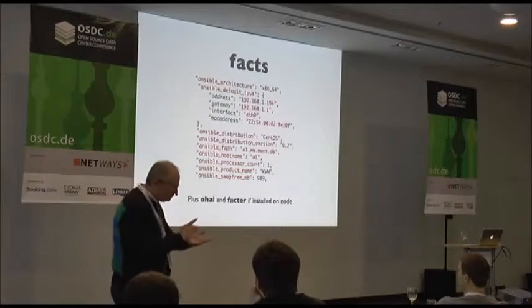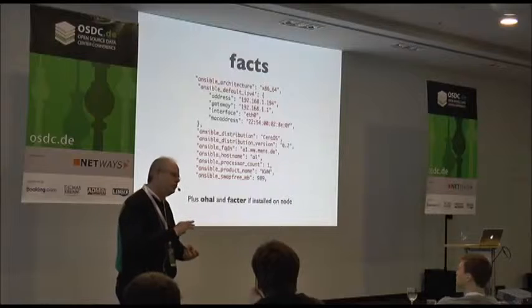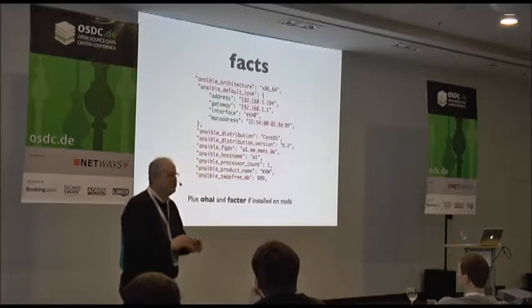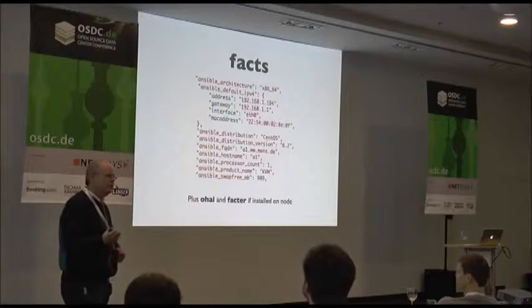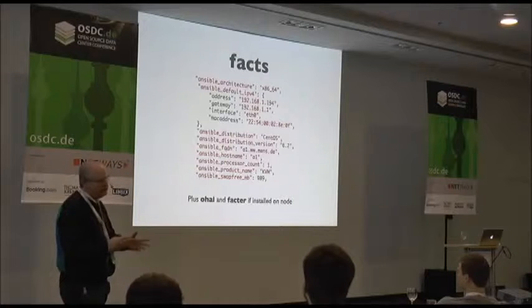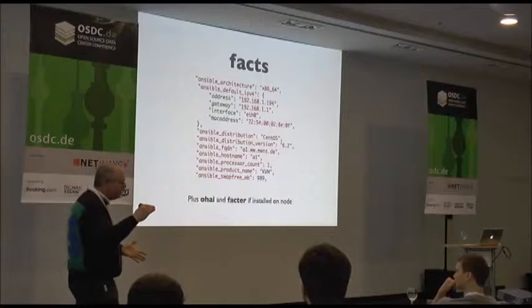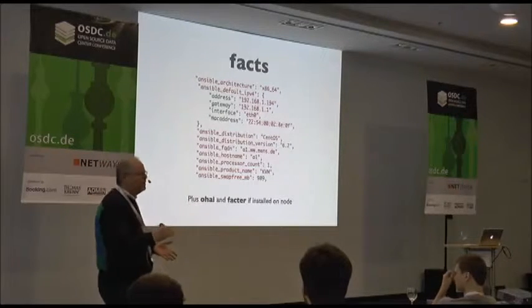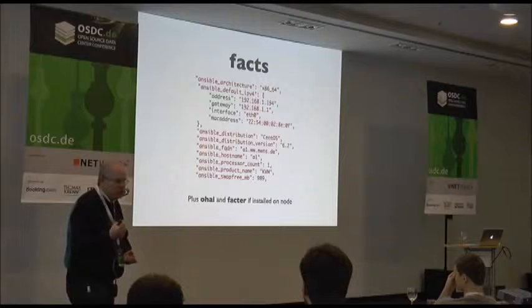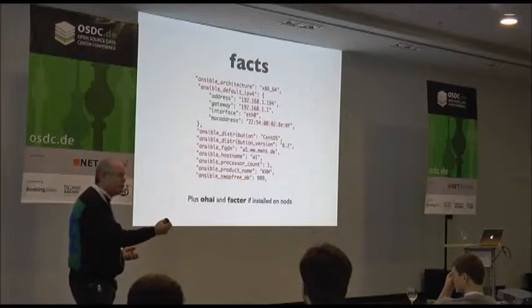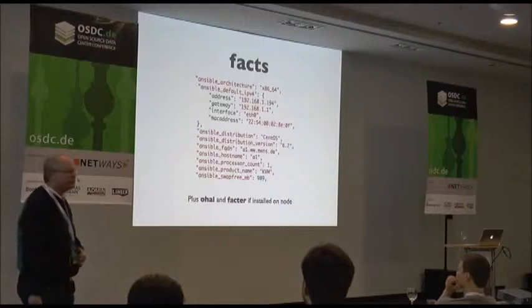There is data about how much memory, how much swap space, how many network interfaces, what v4, v6 addresses we have, routing information, whether it's physical hardware or virtual hardware, host name, fully qualified DNS domain name, etc. A whole amount of information that is returned. And these facts we can then use subsequently to, for example, say, install this package if we are running on a RHEL type system, or create this user if we're running on a Debian type system, etc.